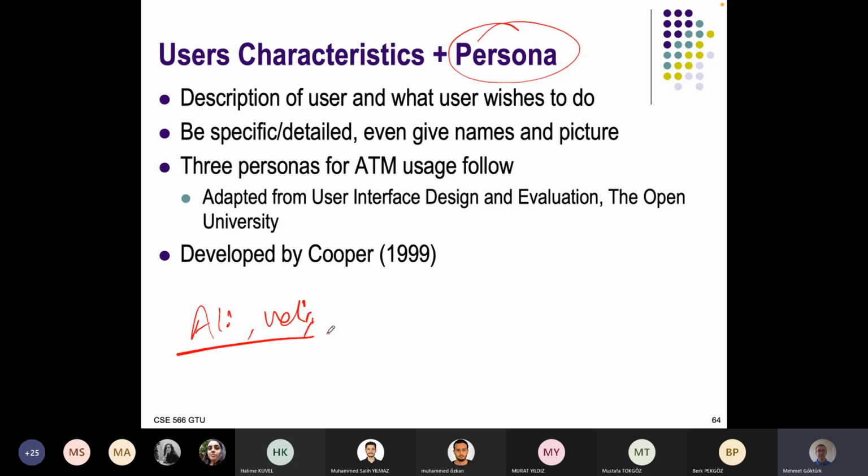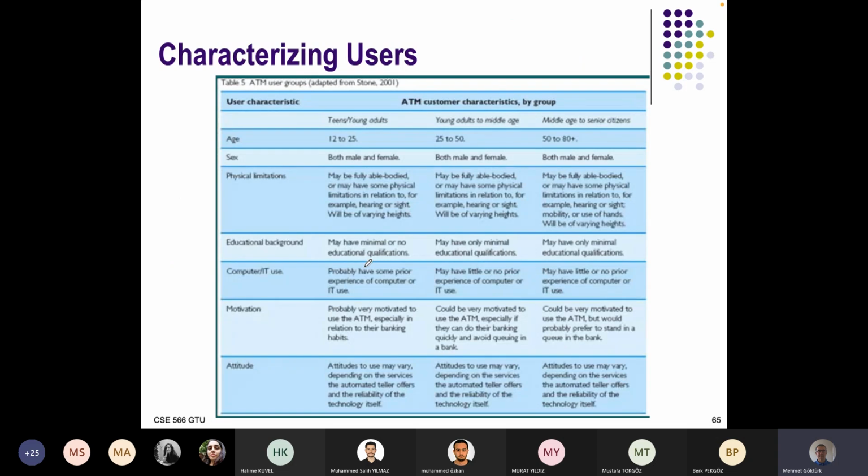And you explain who the user is, what situation, what kind of educational background, etc. It is developed by Cooper and it is widely used persona analysis, such as this one persona example from the book.